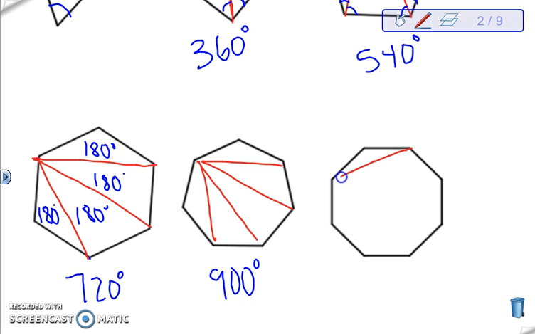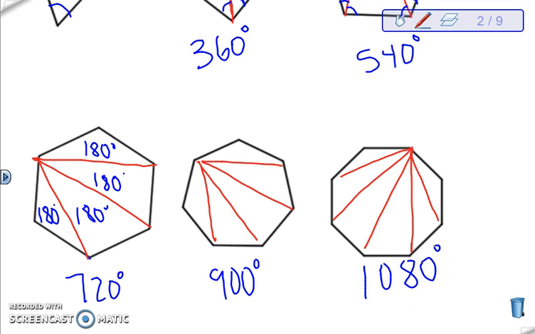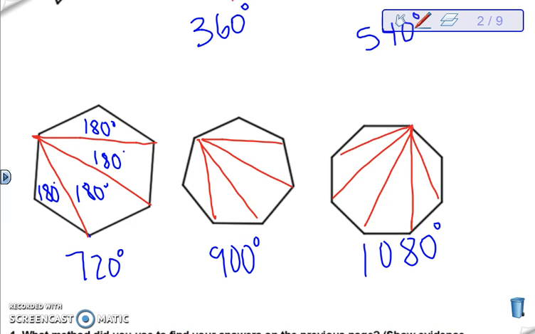This time we're going to get 6 triangles for this guy, which would give us 1080 degrees.